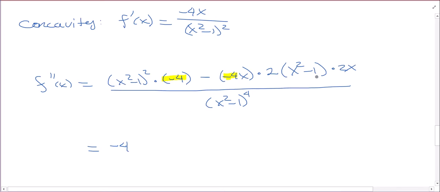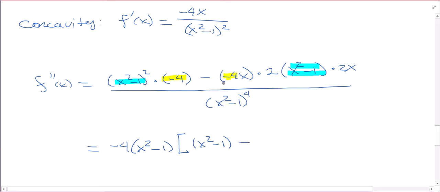We can take out, I see an x squared minus 1 and an x squared minus 1 squared. So we can take out one of those. So let's take x squared minus 1 out. And then what are we left with? We only took one of those out and we had a square, so that means we're left with one of them. We took out the negative 4, so that's no longer there.